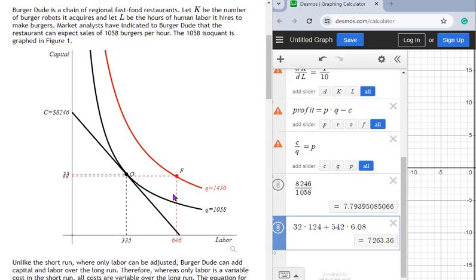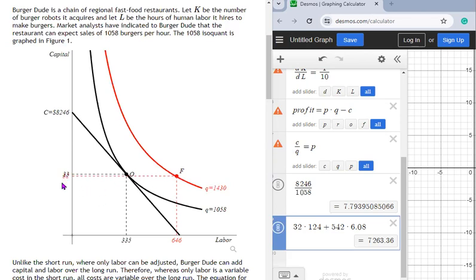Okay, so we continue to adjust capital and labor until we get to a point on the isoquant curve, point F. And at point F, labor hours is 646, and it looks like capital is 32.